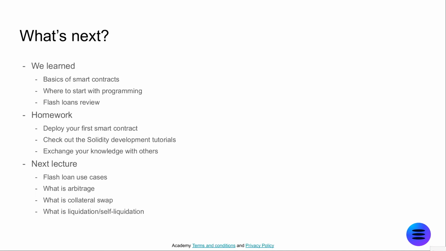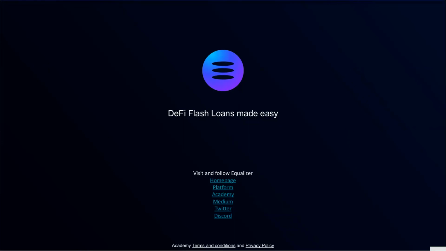Check out the Solidity development tutorials we share with you, and exchange your knowledge with others. In the next lecture, we'll take a look at flash loan use cases. We'll check what is an arbitrage, what is a collateral swap, what is liquidation, self-liquidation, and go into more detail on the business logic you need to understand and learn about, and what is required in order to use such examples.